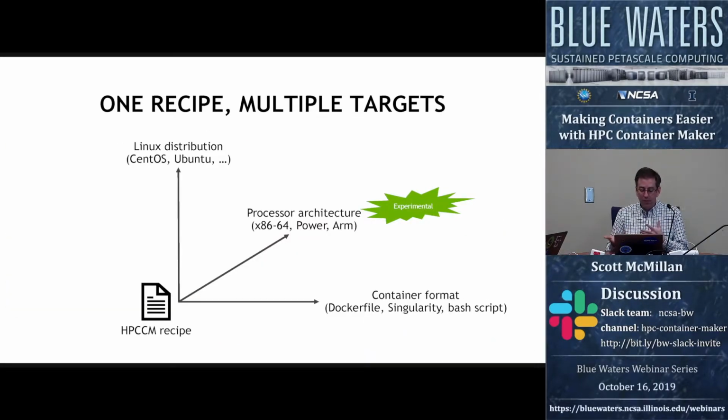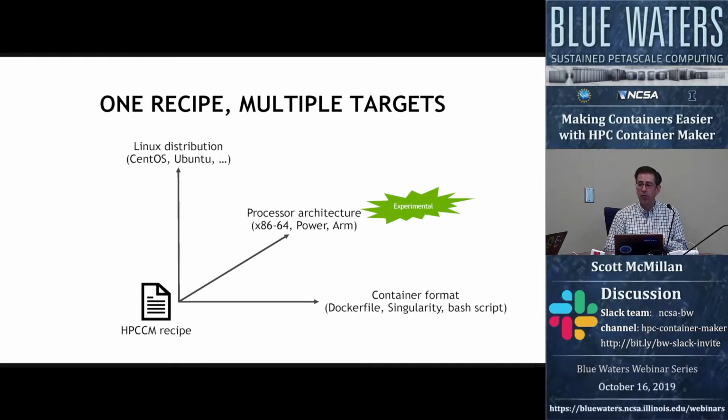So this concept is basically that from an HPCM recipe, you have one recipe and multiple targets. Both in terms of container format, so you can generate Docker files and Singularity definition files. One thing I haven't talked about is you can also just output a bash script. So if you did want to execute some of this on bare metal, you can get the bash script equivalent of these steps. And you also have a choice of Linux distribution. All these building blocks are aware of the Linux distribution that was picked.